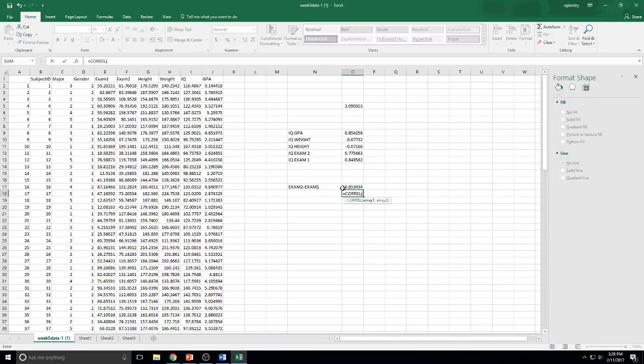Equals Correl exam 2 to height. Equals Correl exam 2 to weight. Equals Correl exam 2 to height.